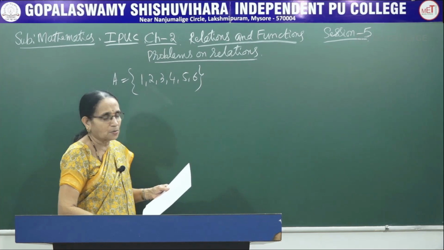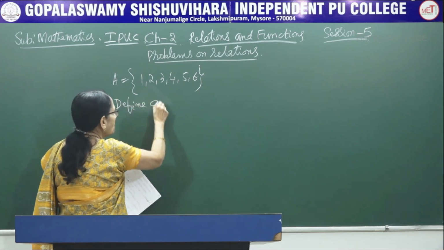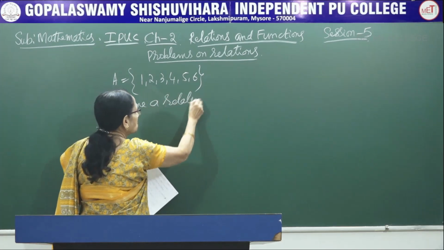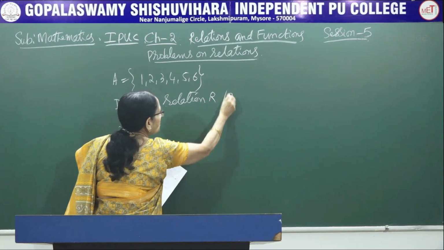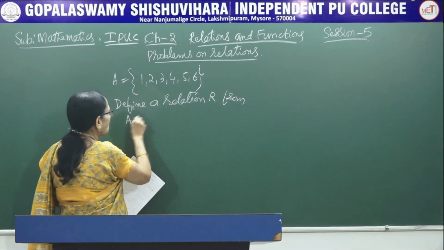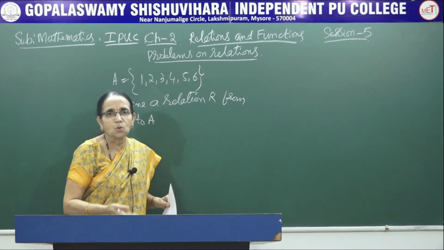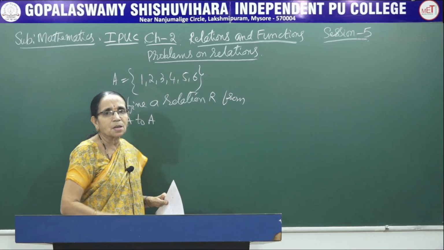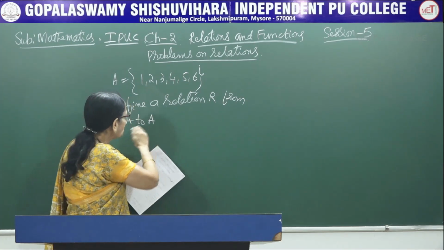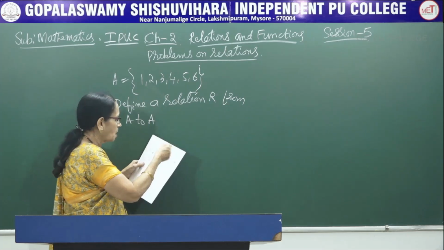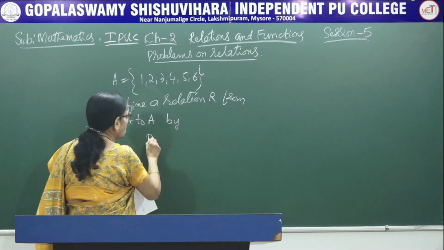Now, define a relation R from A to A. If there are two sets A and B, we define from A to B. There is only one set given in this problem. So, a relation R has been defined from the set A to the set A itself, onto itself we can say.